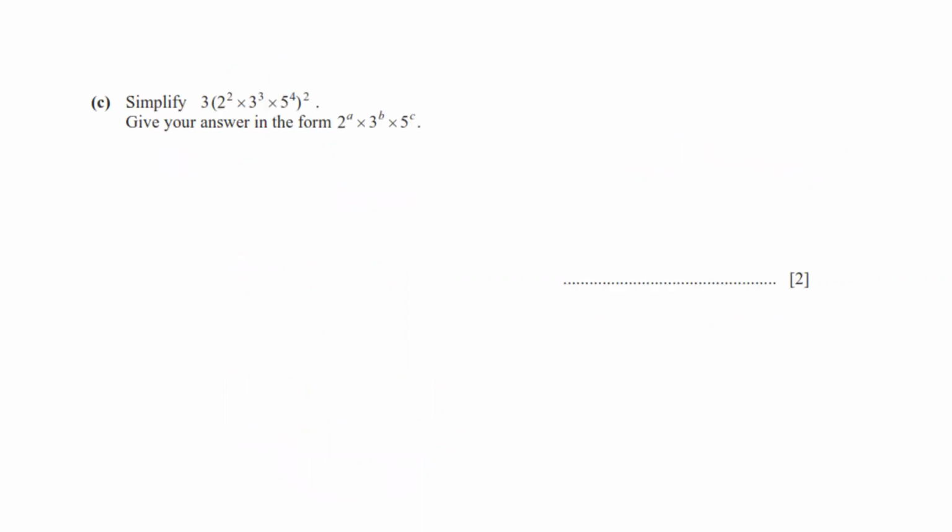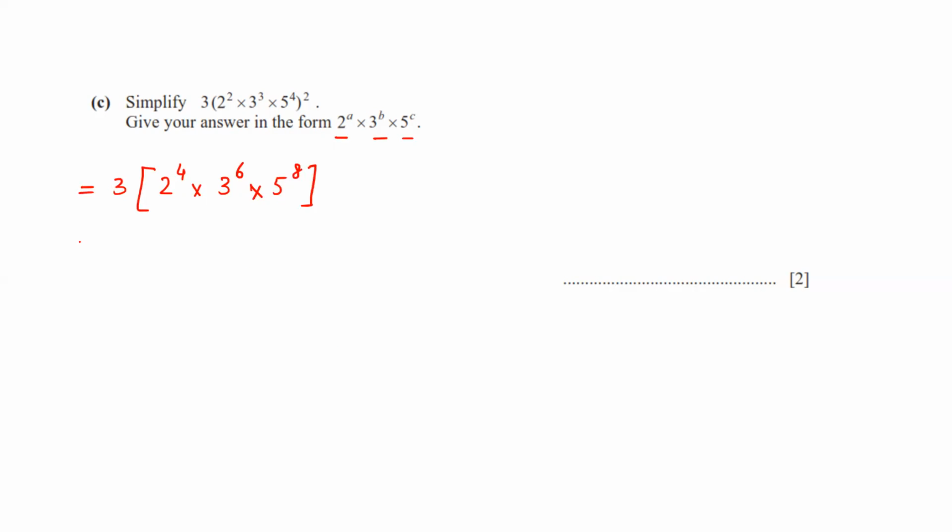Okay, so moving ahead, part C, it says simplify this and give your answer in the form of 2^a, 3^b, 5^c. So 2, 3, 5 and whole square. First of all, the square takes the precedence. So 3 is multiplied by 2 power 4 multiplied by 3 square, or power 3 and square is 3 into 2, 6, multiply by 5, 4 into 2, 8.